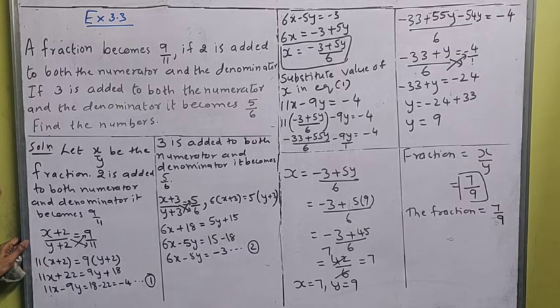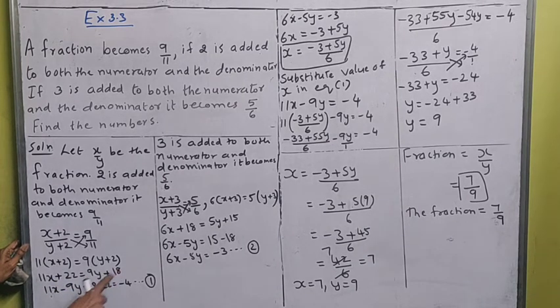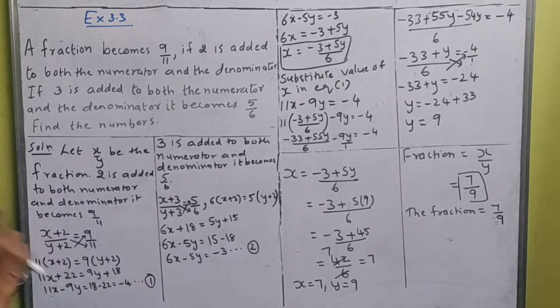So 9y I will bring to the left hand side and the numbers to the right hand side. So 11x minus 9y is equal to 18, plus 22 will become minus 22, so it will be equal to minus 4. So your first equation is 11x minus 9y is equal to minus 4.